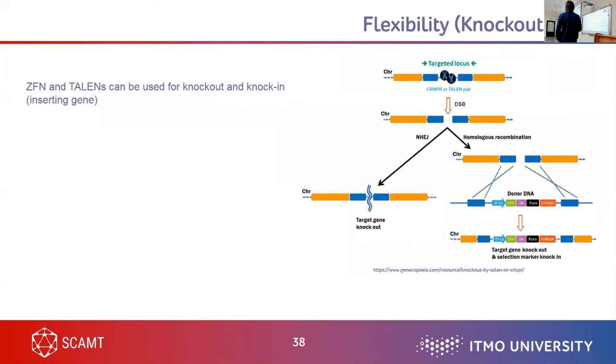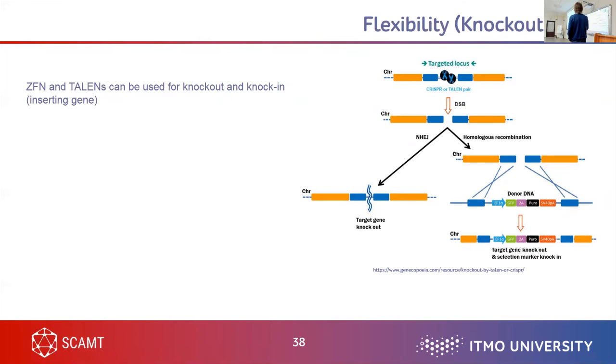There is flexibility. So if we talk about flexibility or versatility, the amount of ways where we can use knockout tools. So zinc finger nucleases can be used for knockout or knock-in. Knock-in is a technique where we use our donor DNA chain that will be inserted into the gap after the double-stranded break.